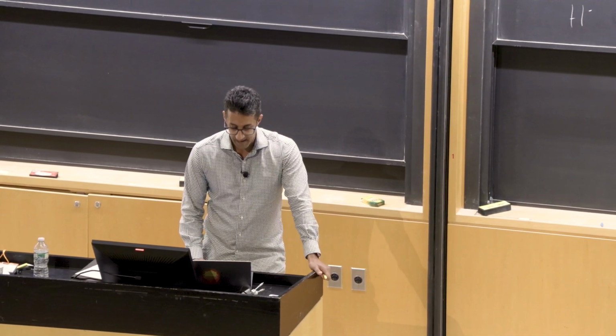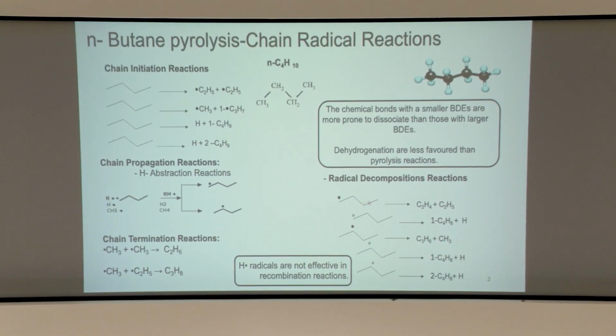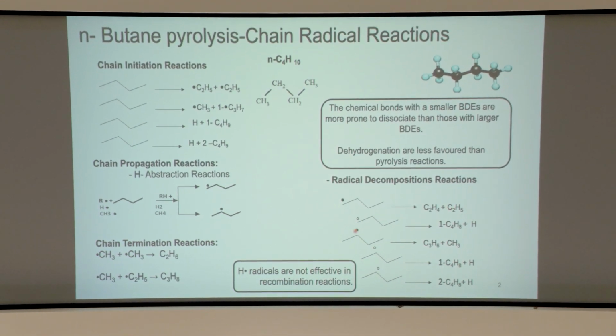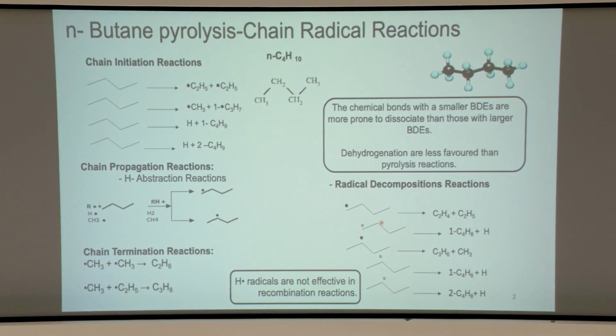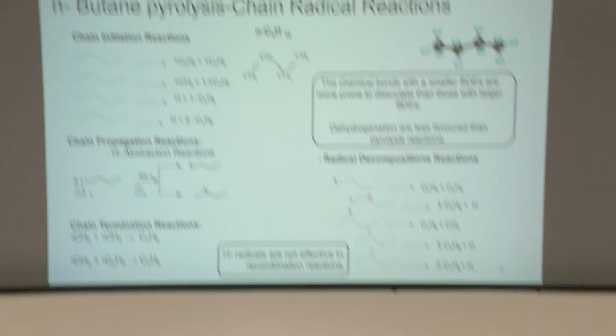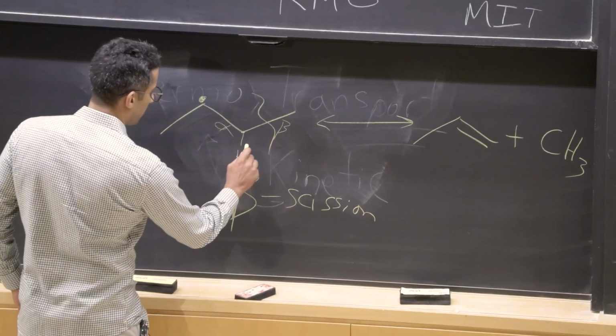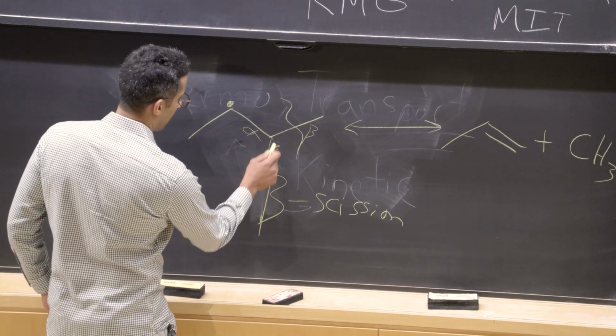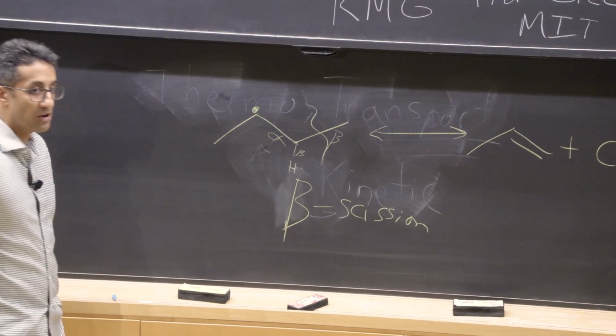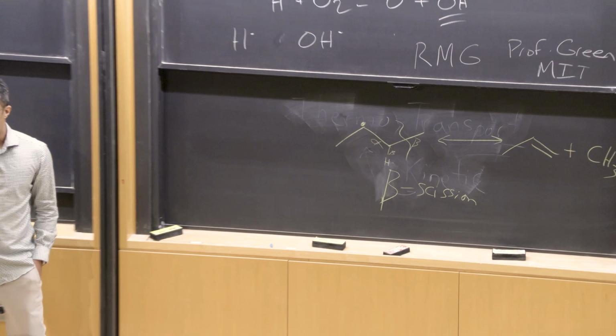So like this, different beta scission reactions. If the radical's on the first site, again, the beta bond breaks, you form ethylene plus ethyl. You could also have beta scission of an H radical, yeah? So there's one other beta. This is a beta carbon-carbon, but there's a hydrogen here. This one is also beta. This is a beta carbon-hydrogen. But beta carbon-carbon bonds are weaker than beta carbon-hydrogen.